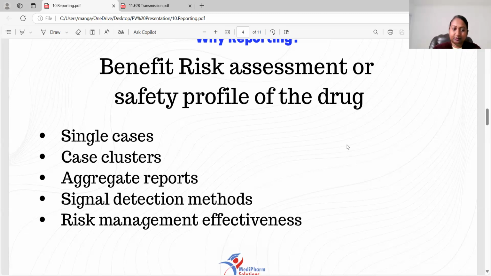Now, what does this team do? They look at your signal detection, this particular signal, and they are going to come up with an RMP, or a plan on how to mitigate this risk that has been happening. How are you going to tackle it? How are you going to prevent it?